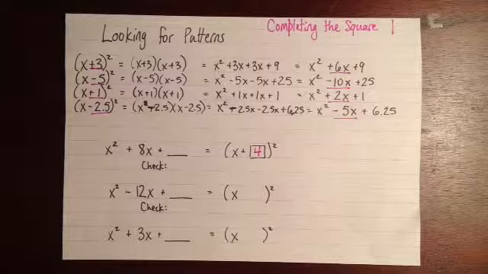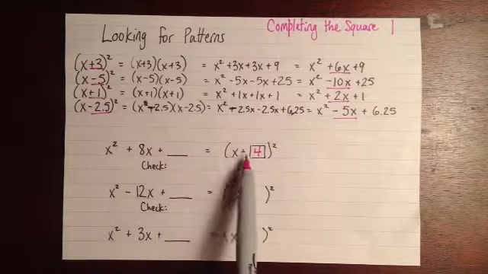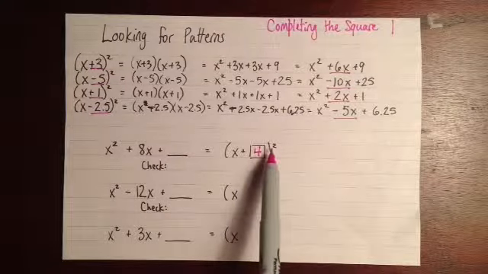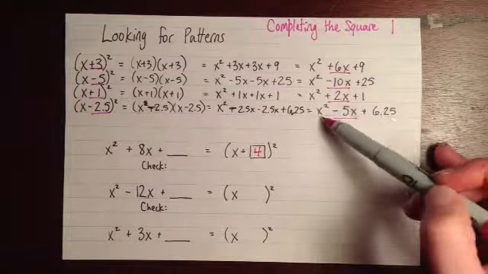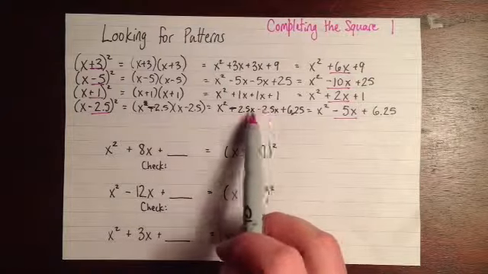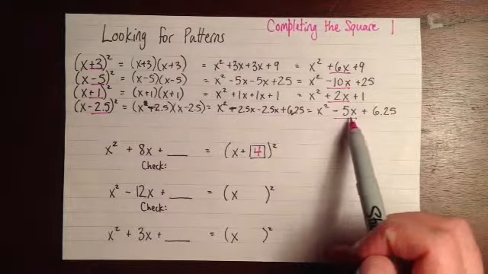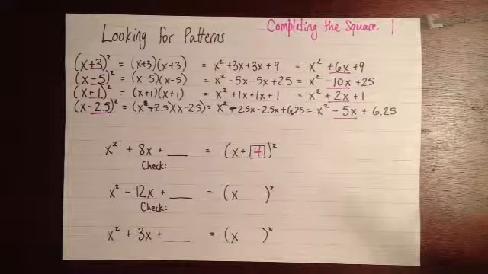Okay. And then what is this going to be here? Well, x plus 4 squared, what would that be equal to? If we imagine x plus 4 squared, we come out with x squared, and then 2 times that, because of the two terms. So it would be 8x, so that's what we want. And then what's the last term?